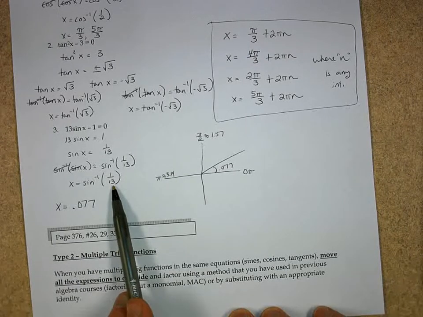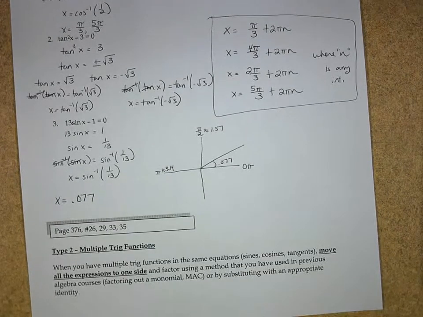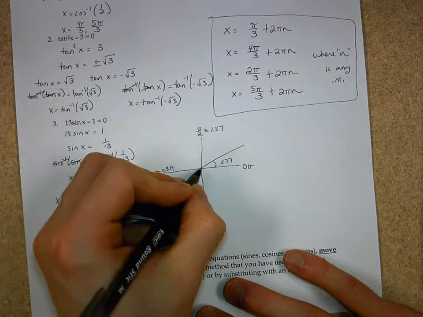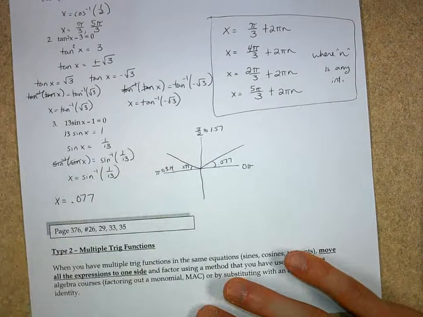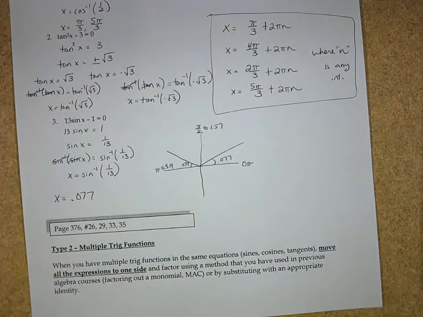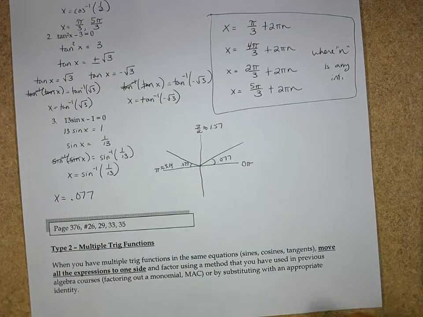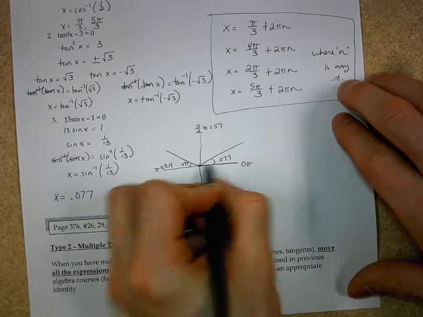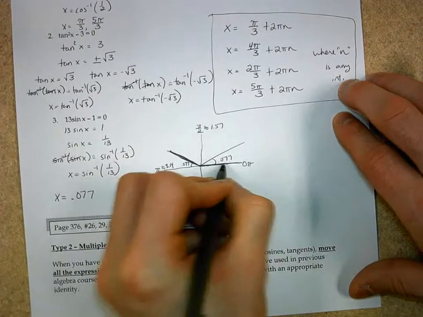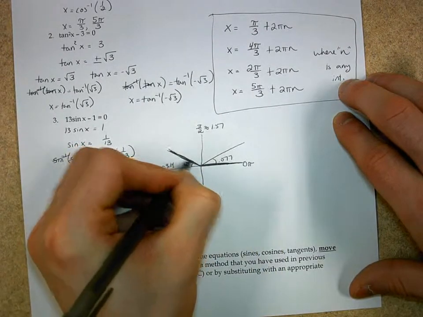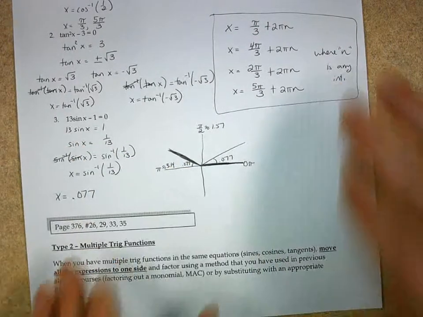Sine is positive here. So my two quadrants that I'm going to draw my reference triangle in are the first and the second, because sine is positive in the second quadrant. Now the angle I need to find has to start at 0 here and go all the way there. So really what I'm looking for is that more bolded angle.